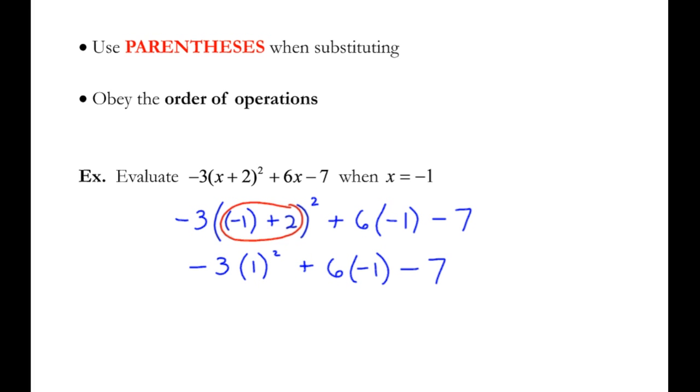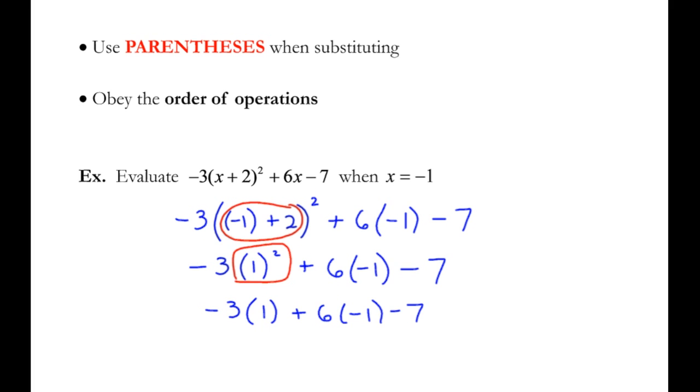And the order of operations says evaluate what's inside of the parentheses, and then exponents, and we have an exponent over here, so I'd like to do that next. So this exponent, 1 to the second power, notice it's not -3 to the second power, it's only the 1 that has the second power on it. So 1 to the second power means 1 times 1. So this is really just saying -3 times 1.